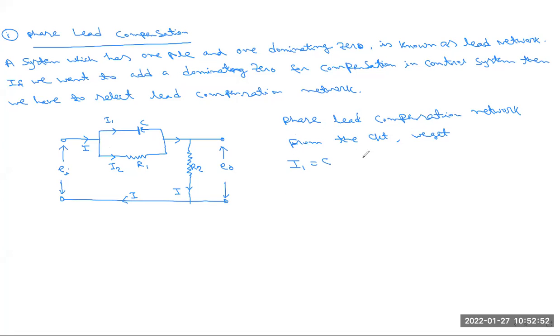This is equal to C into d/dt of the difference between the input and output, EI minus EO.